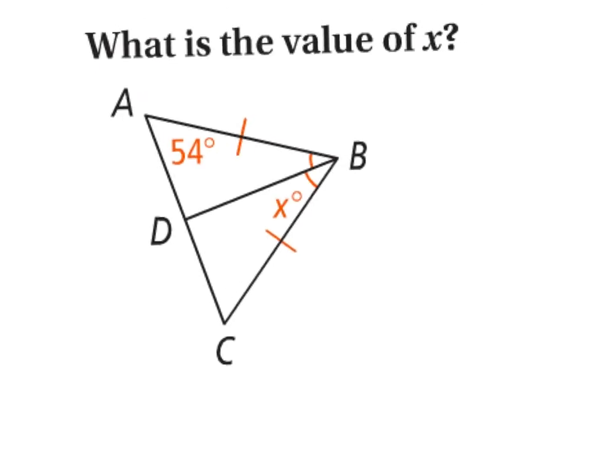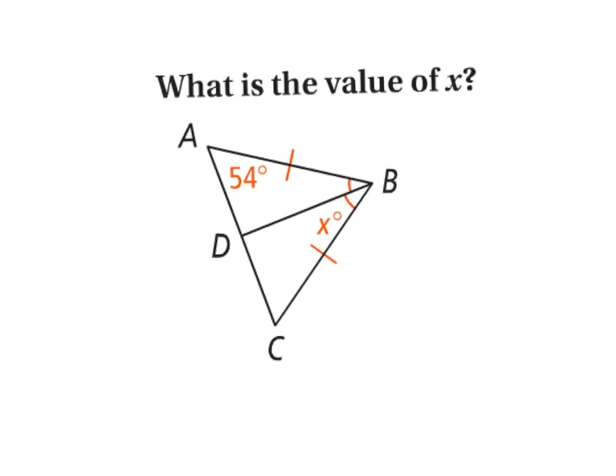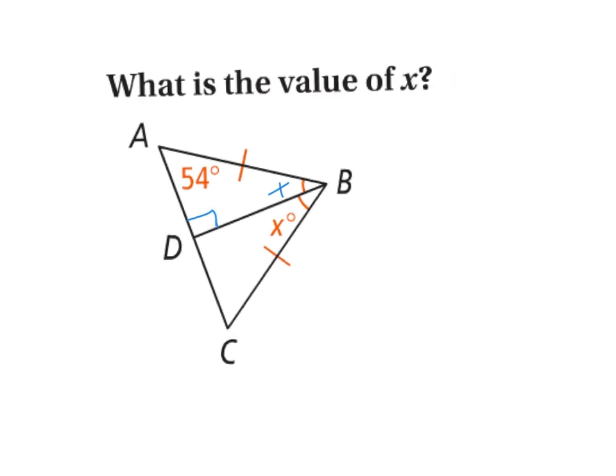All right, last problem. This one's pretty similar. So it's really similar actually. So I'm going to call this x, and so that other arc mark tells me that this is also x. And then like we said, if that is the median, then it also is the altitude, and it makes two right angles right there. Let me erase this first one I drew, but so that makes a right angle. So now let's solve.